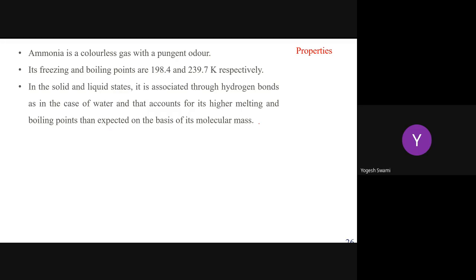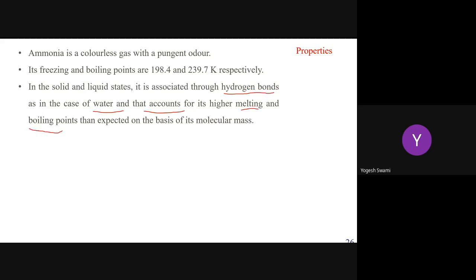In the solid and liquid state, it is associated through hydrogen bonds because hydrogen is bonded with nitrogen. Such hydrogens are capable of forming hydrogen bonds, as in the case of water, which accounts for the higher melting point and boiling point.